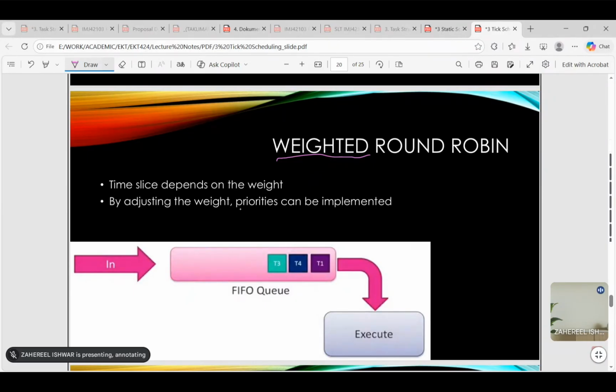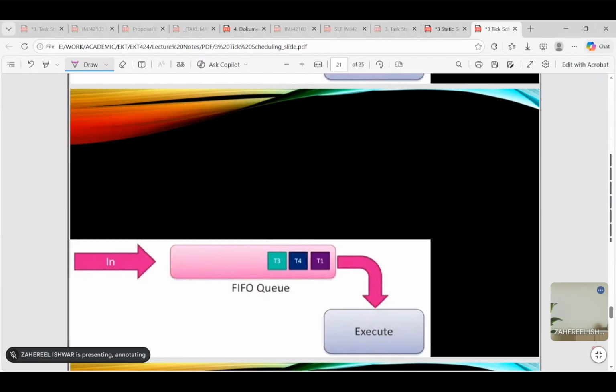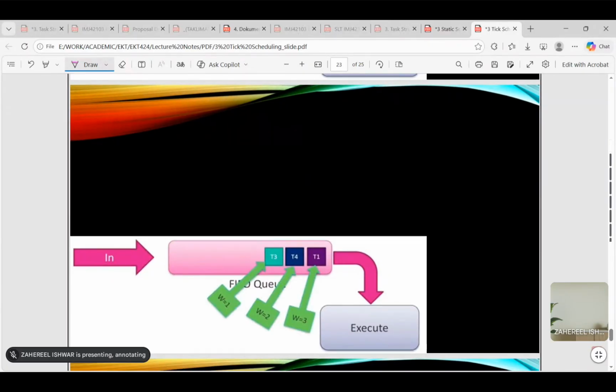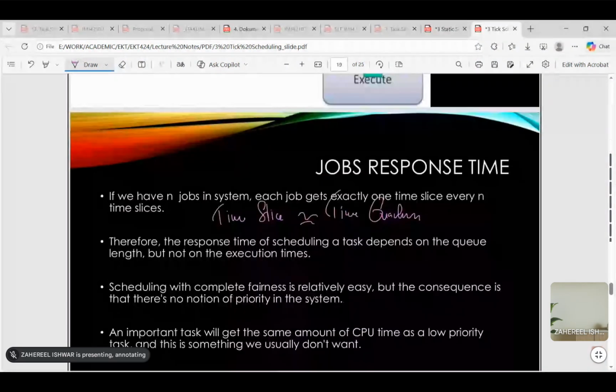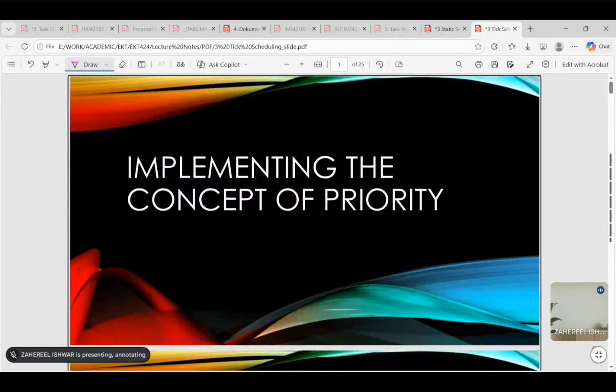Jobs with lower priority will get lower time quantum. Okay, that's about it for this one.